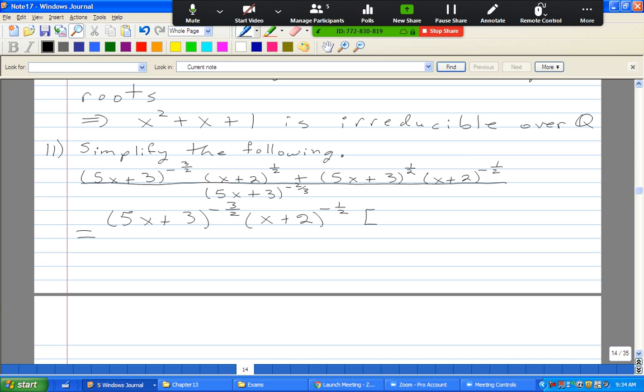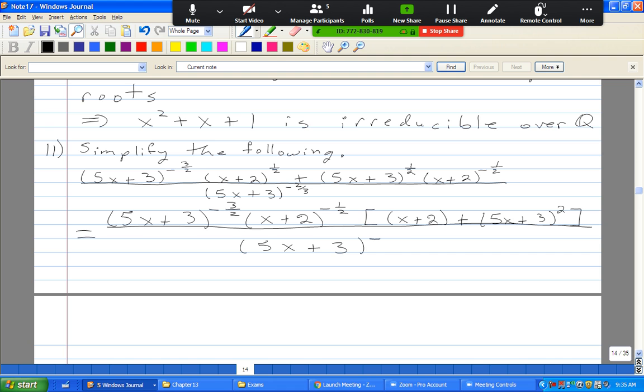No, I think we did something similar. x plus 2 to the 1/2 divided by x plus 2 to the negative 1/2 is just x plus 2 to the 2/2. 5x plus 3 to the 1/2 divided by 5x plus 3 to the negative 3/2 is just 5x plus 3 to the 4/2, which is 2, divided by 5x plus 3 to the negative 2/3.